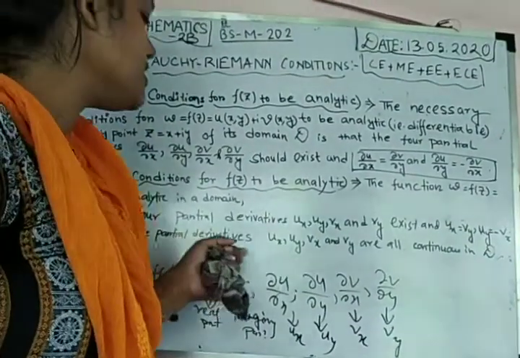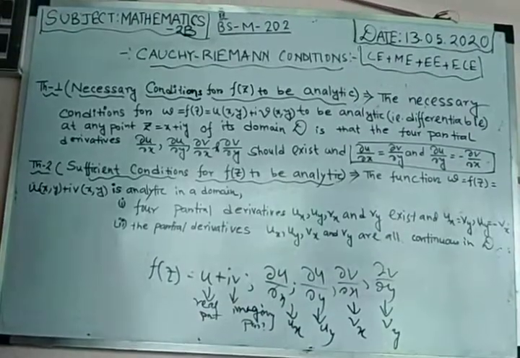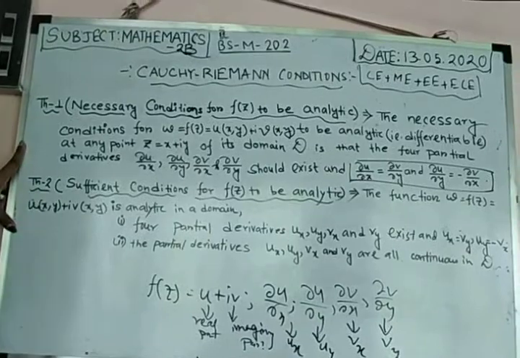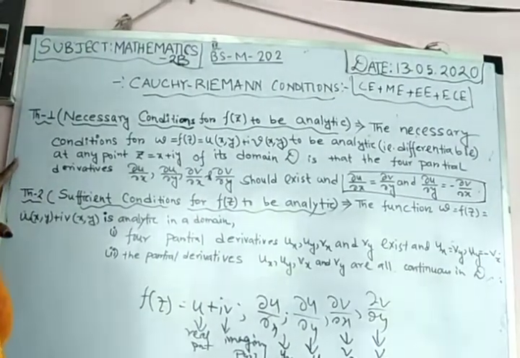Number two, the four partial derivatives ux, uy, vx, vy are all continuous in that domain. These two are the necessary and sufficient conditions for the function f(z) to be analytic.